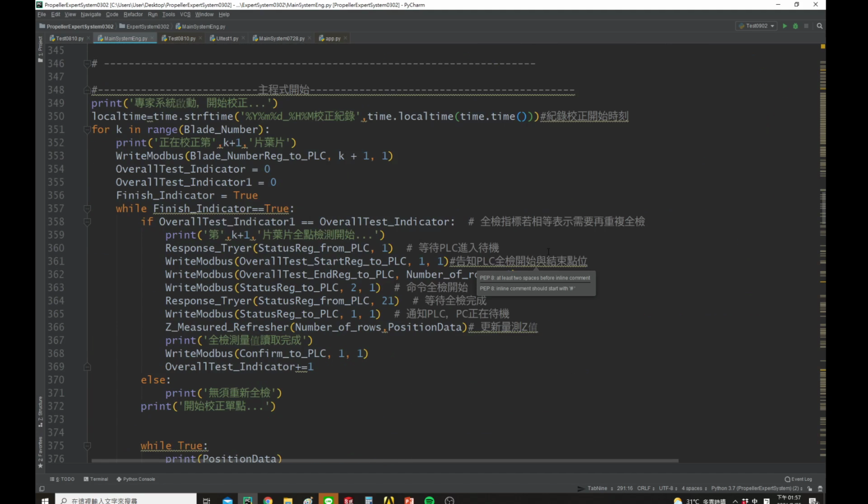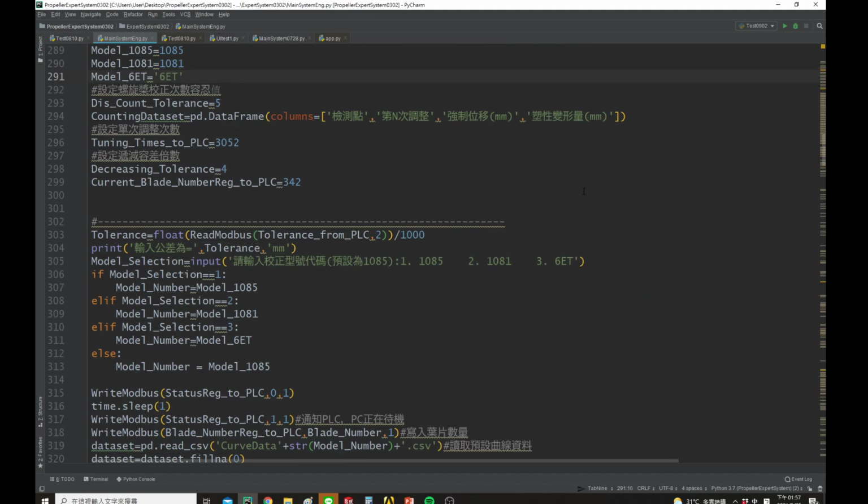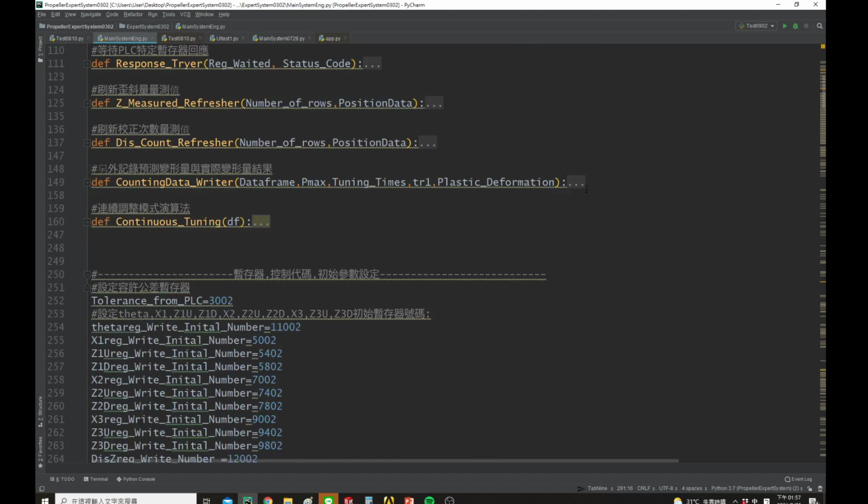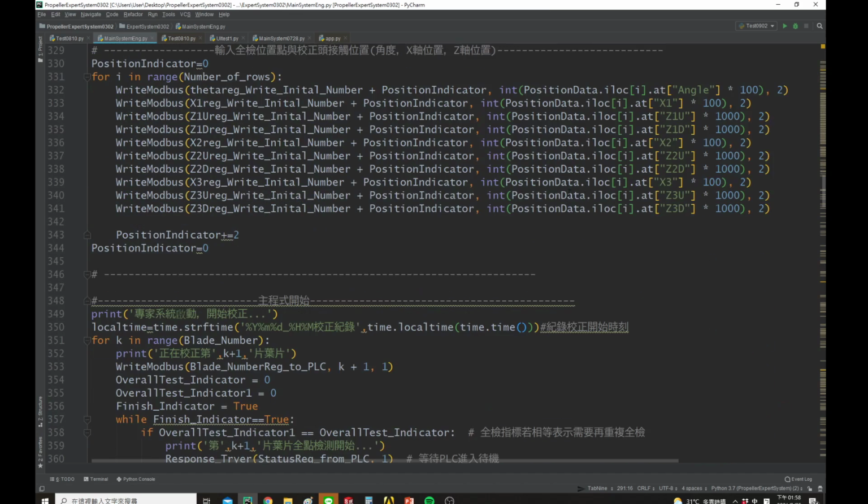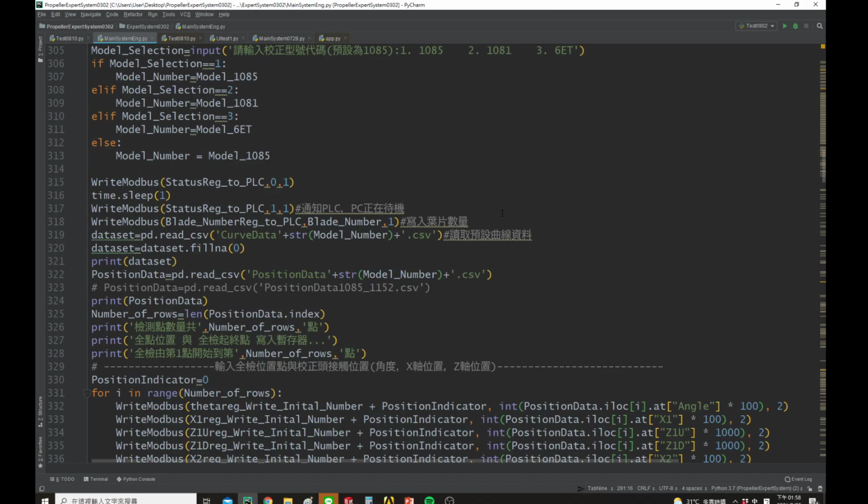Initially it has initial data from the simulation result. So which one did you use, by experiment or by simulation?